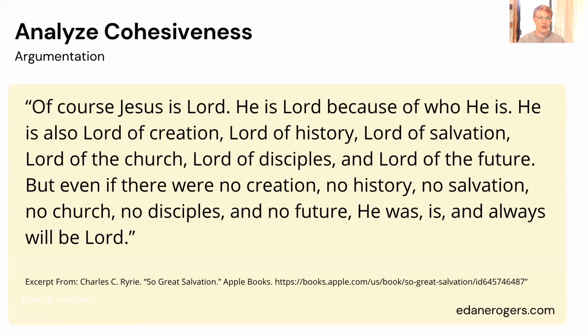But the term Lord might be a bit more confusing, and that's what this paragraph wants to talk about. So Charles Ryrie is using Lord at the end of his first sentence to introduce this as his topic of discourse. And now he's going to continue with an ABAC contract.